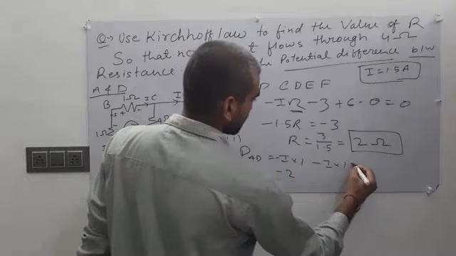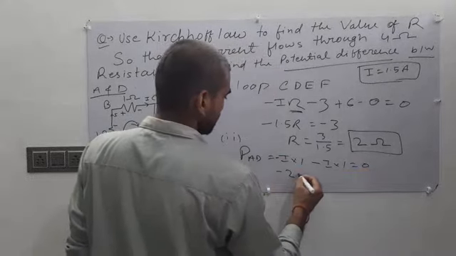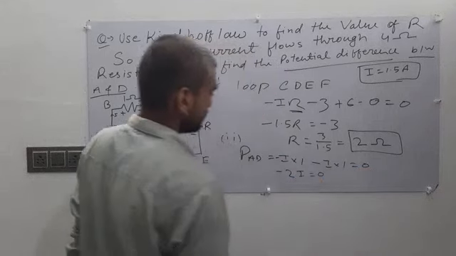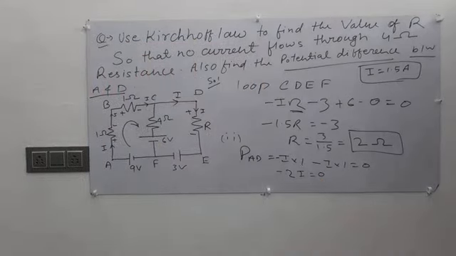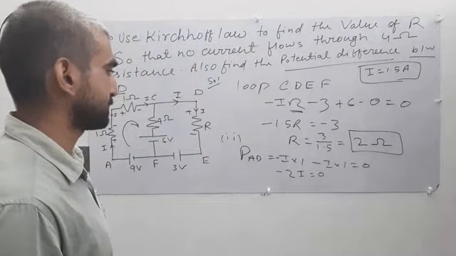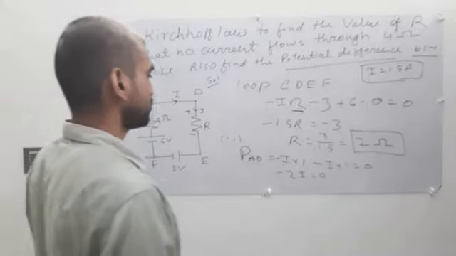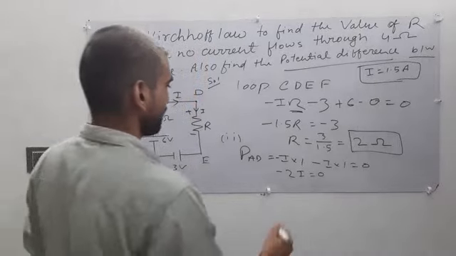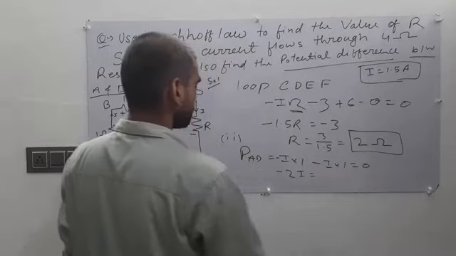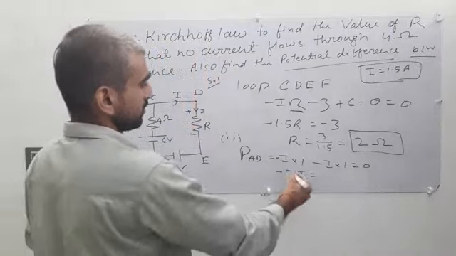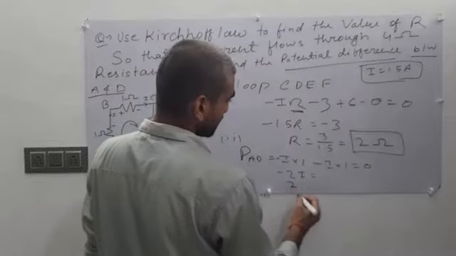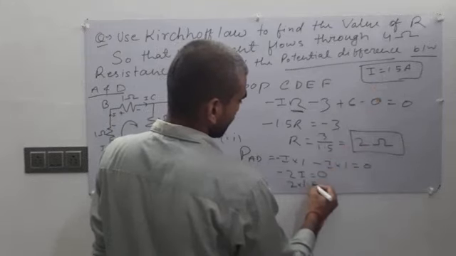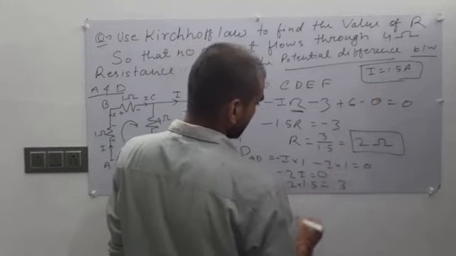Minus 2I equals 0. Minus 2I. Now, the value of I is 1.5, so 2 into 1.5, that means 3 volt.